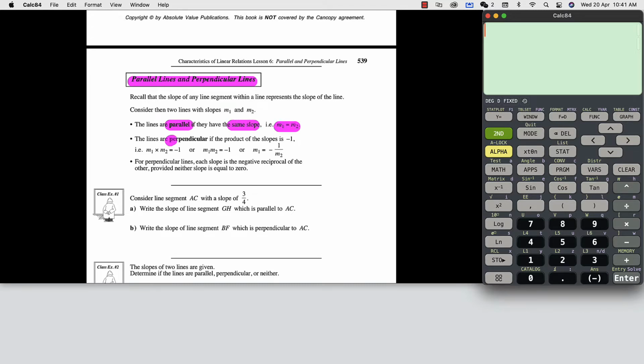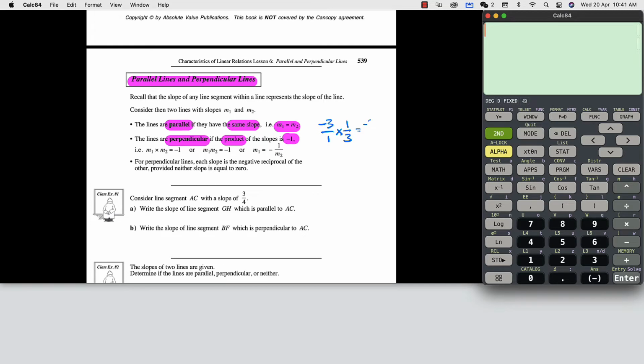If the lines are perpendicular, that means forming 90 degrees, the product, so that means multiplying the two slopes together, would be -1. So if you think back to our example where I said if we had a slope of -3 over 1, the perpendicular slope would be 1 over 3. We want to find the product of that, so we multiply it together, and it should equal -1.